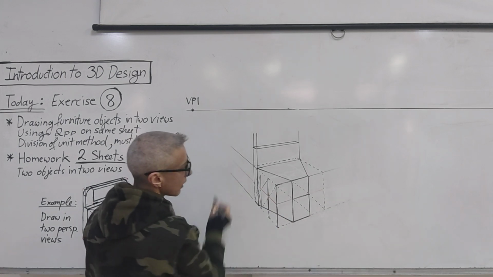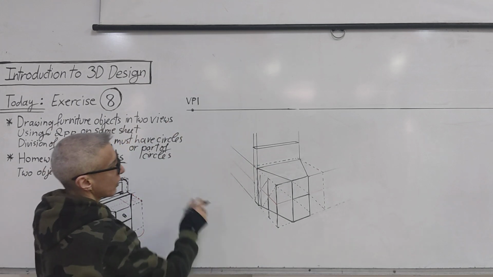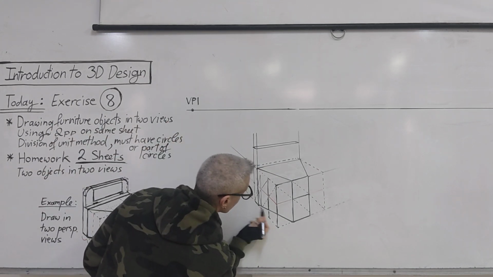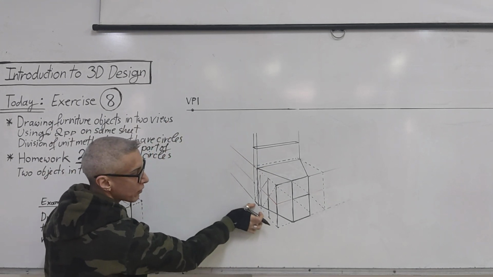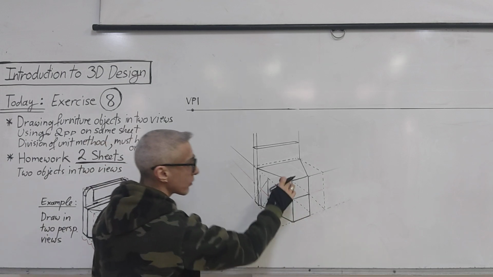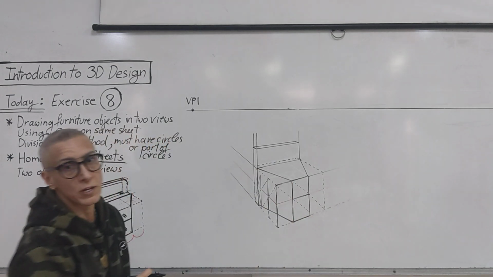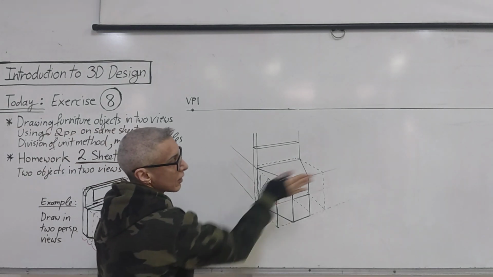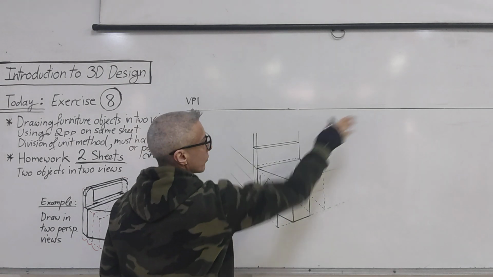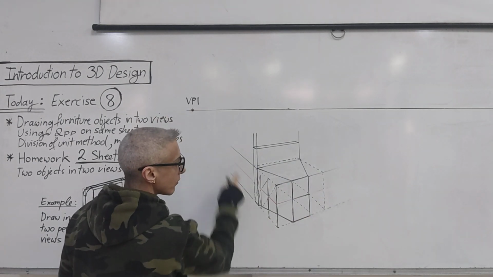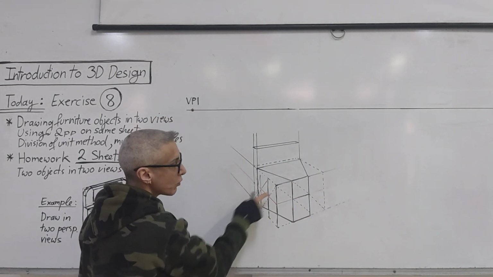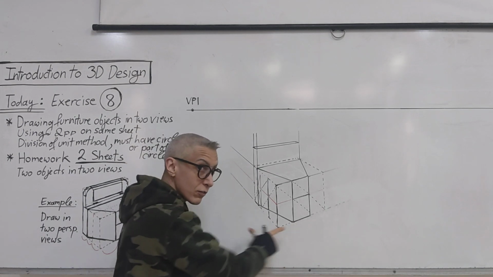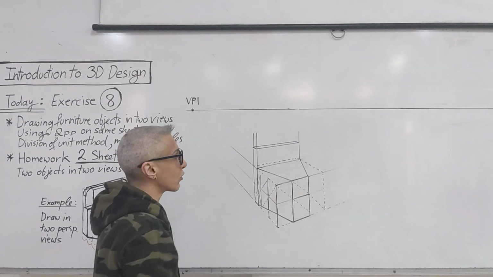And these two lines, of course, you don't worry about them as long as when you find the other locations of the other objects, you just connect the points of the lines, because they are not parallel to the other two. These go to the vanishing point and these lines here go to the vanishing point. But how these connect, you need to find first these that go to the vanishing points and then connect.